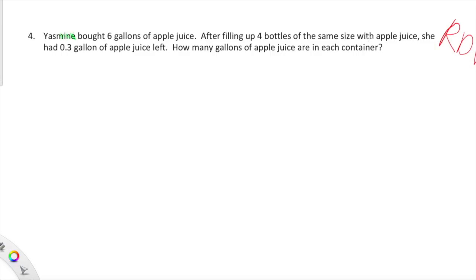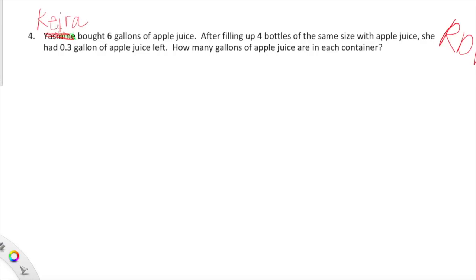Read, draw, write, in that order. Let's change this young lady to Kira. Hope you don't mind that I'm using your name, Kira.